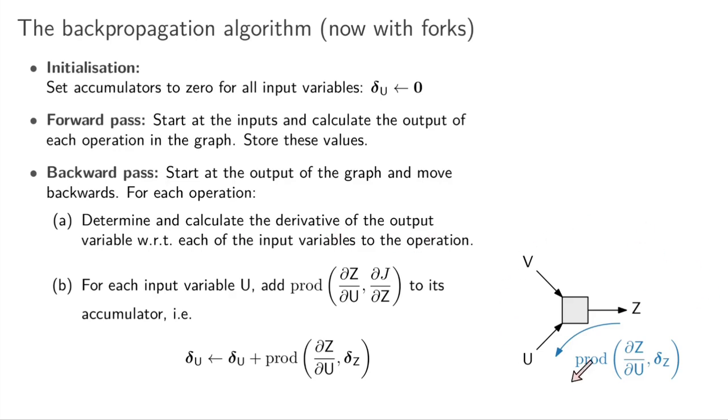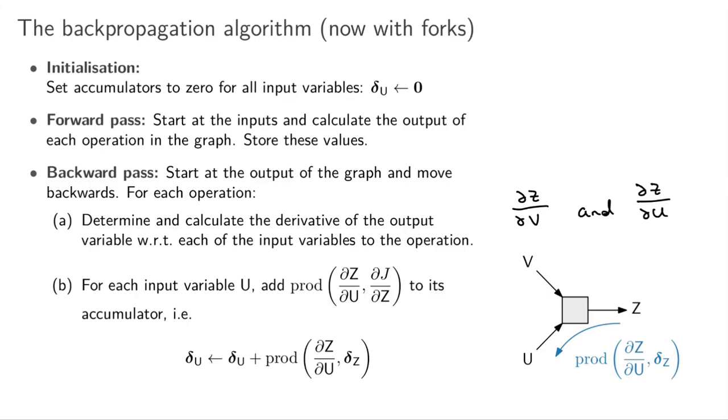So if this is our operation that we're getting to, then what we are going to do is we're going to calculate dz/dv and dz/du, okay? And we get both of these terms.